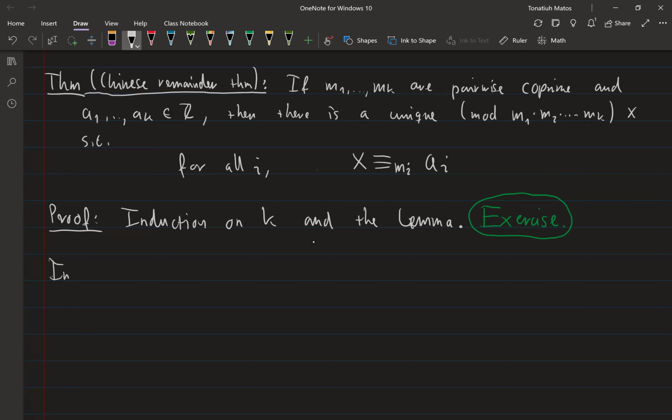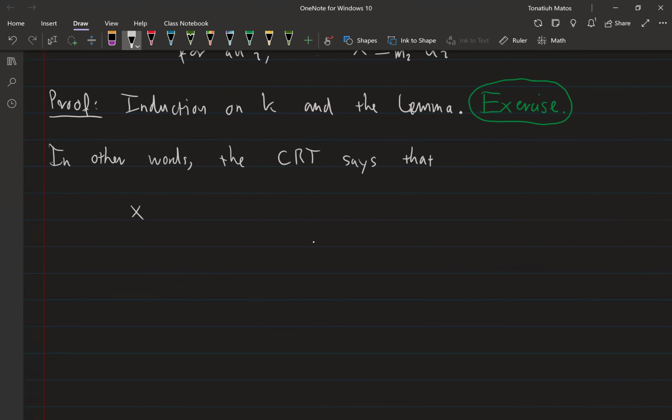So in other words, the Chinese remainder theorem says that, if I want to write this in a different way, if I have a system of linear congruences, M1, A1, and then M2, A2, right? So I have a very big system, and these are already reduced. If I have a coefficient here, then I can cancel those using the methods of the previous lecture.